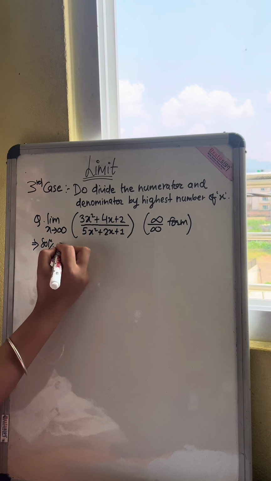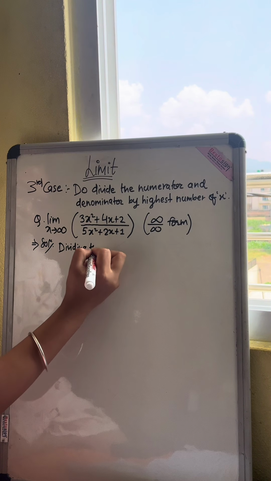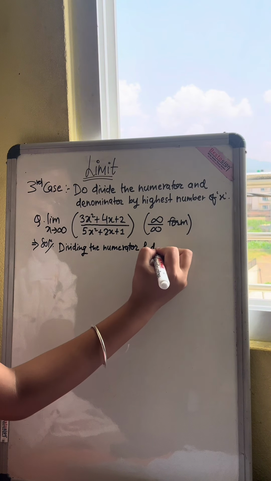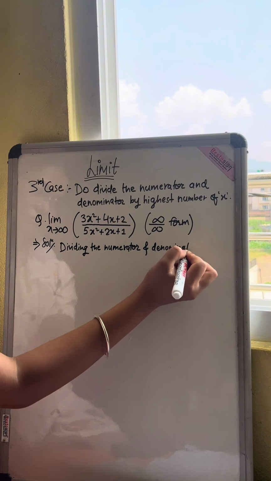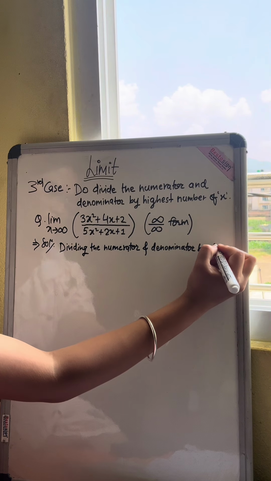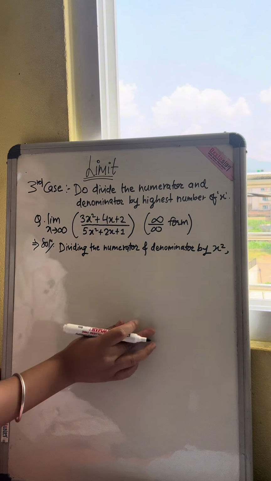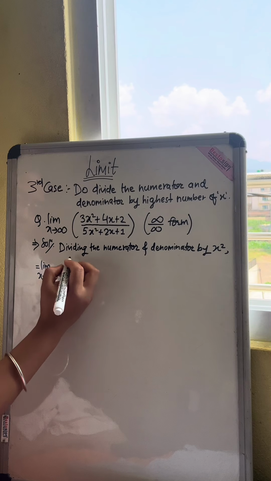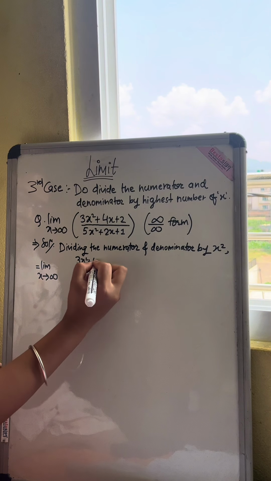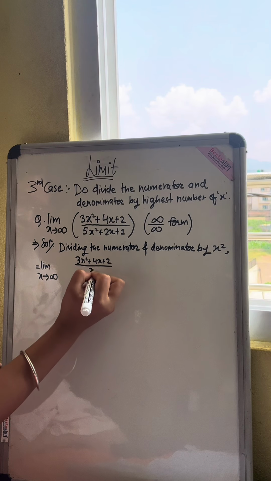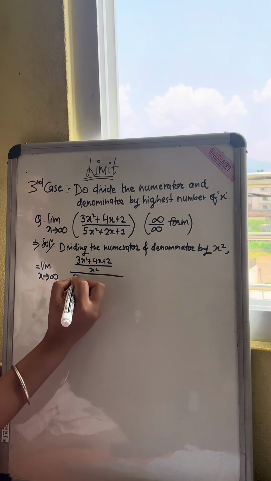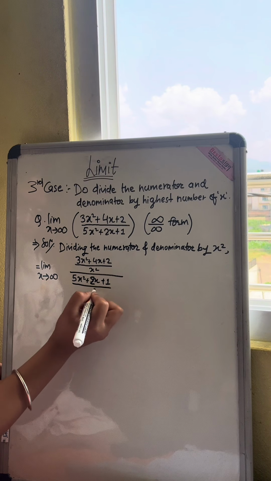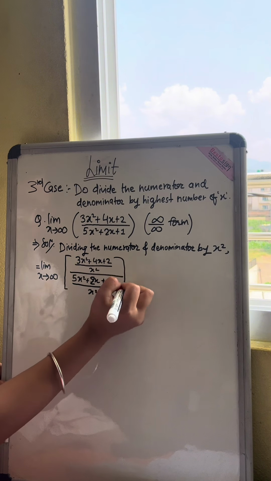Now let's solve this. First of all, we have to divide the numerator and denominator by the highest degree of x, which is x squared. Limit x tends to infinity. Here we have to divide the numerator first with x squared and then denominator 5x squared plus 2x plus 1 upon x squared.